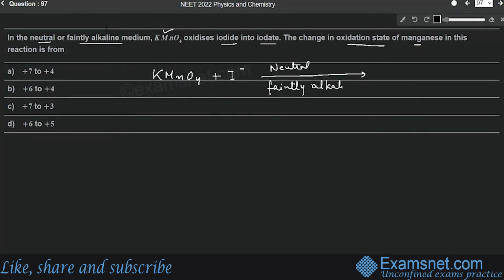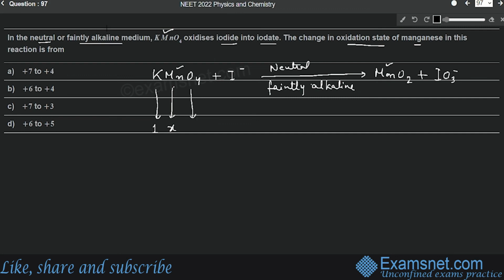Now what will be formed here? MnO2 will be formed and iodate will be formed. Now we have to determine the oxidation state of manganese in potassium permanganate and MnO2, that means manganese dioxide. In potassium permanganate, the oxidation state of potassium is +1 in all its compounds. Suppose manganese is x, and for oxygen it is -2.